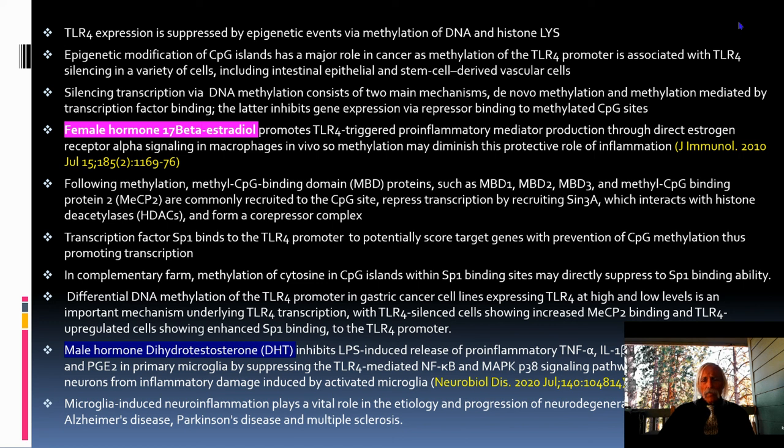Now, following methylation, we went through all that. So the transcription factor SP1 will bind to the TLR4 promoter, that's proximal to where you're going to start getting transcription, to potentially score target genes with prevention of CpG methylation, thus promoting transcription.